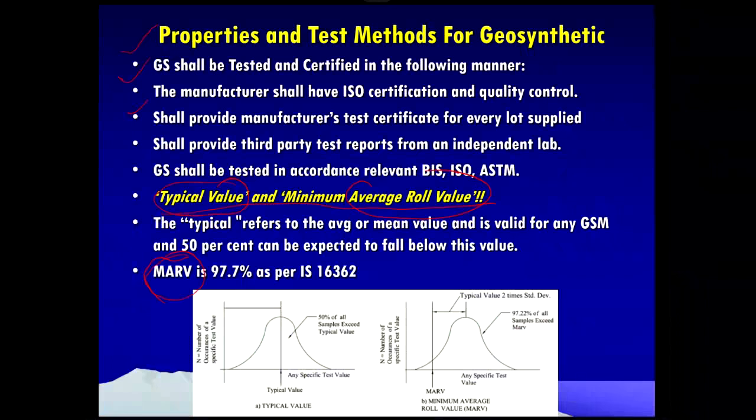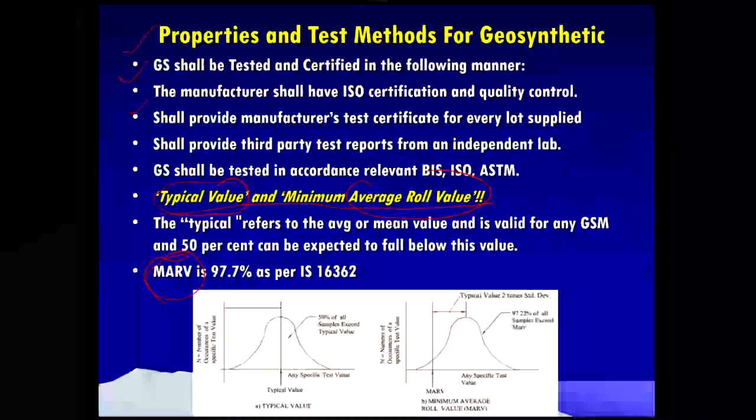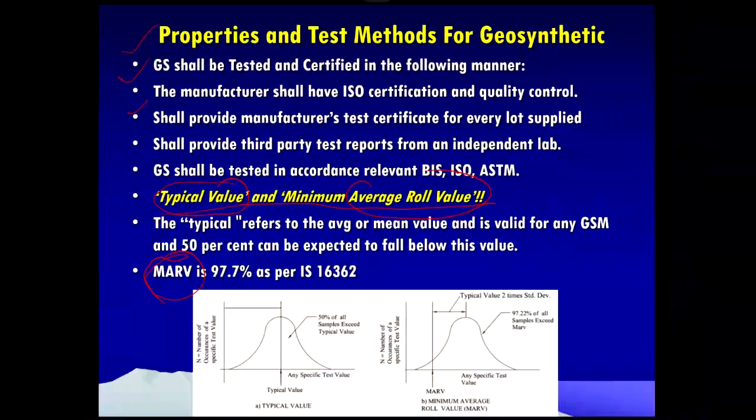97.5%, 97.75%, that was given. The minimum average value is what it should possess. The typical value refers to the average or mean value of the geosynthetic material.